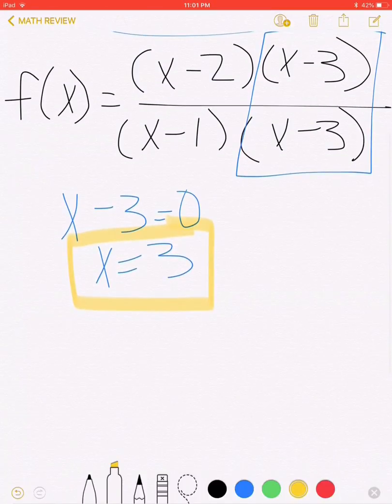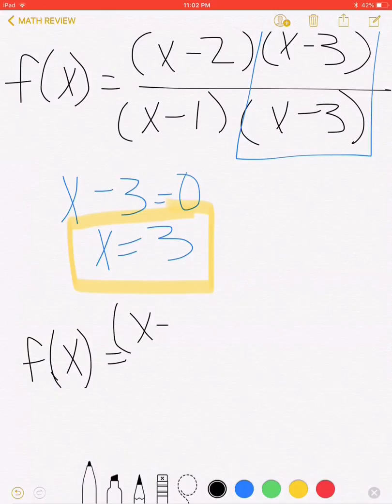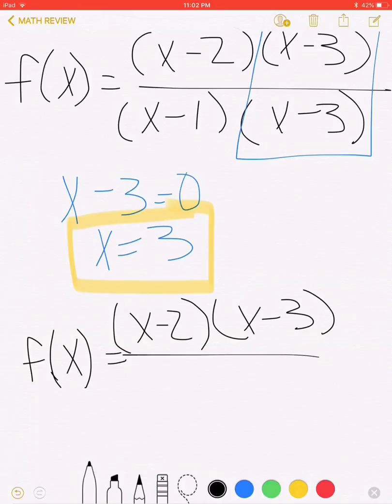And then to make the graph, you're going to go back to your equation of f of x equals x minus 2 times x minus 3 over x minus 1 times x minus 3.